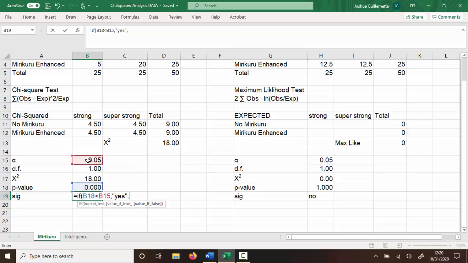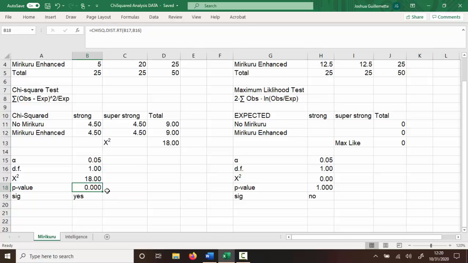If that's not true, then you do not have significance. There is no significance. And I saw some people type this in. I saw some people put reject or do not reject in here as well. But this is actually what you're doing to determine significance: do you actually have a p-value smaller than your alpha? And so when you hit enter, this is yes.